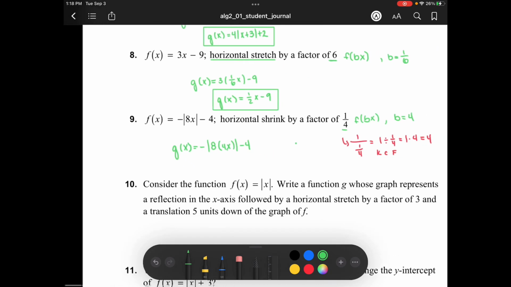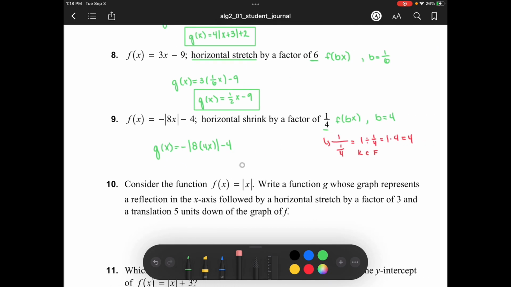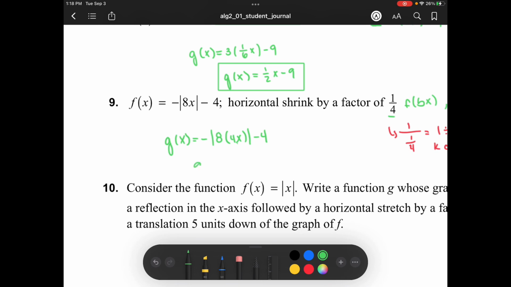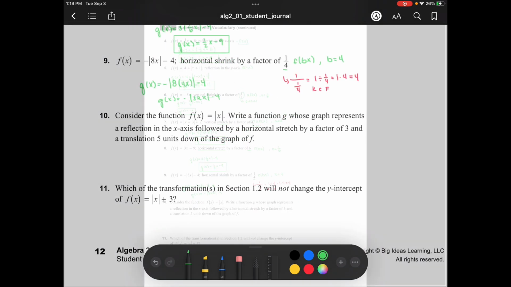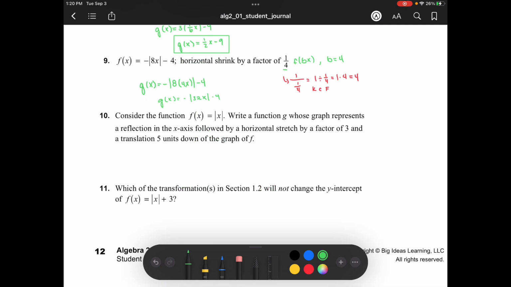Minus 4. Okay, and this should get us g of x equals negative 32x minus 4.